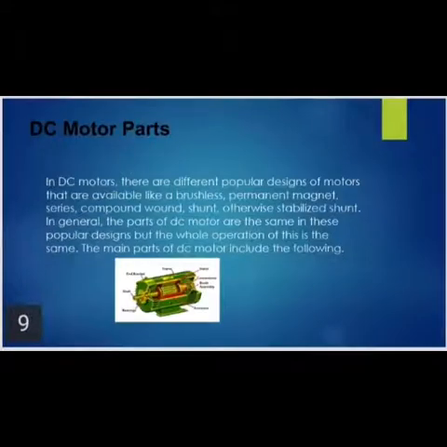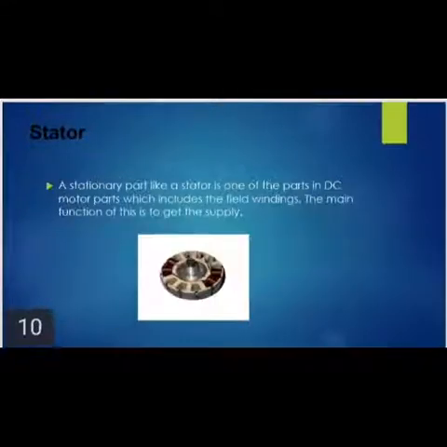DC motor parts. There are different popular designs of DC motor available like brushless, permanent magnet, series, compound wound, shunt, and otherwise stabilized shunt. Stator: a stationary part, one of the parts in a DC motor, which includes the field winding. Its main function is to get the supply.